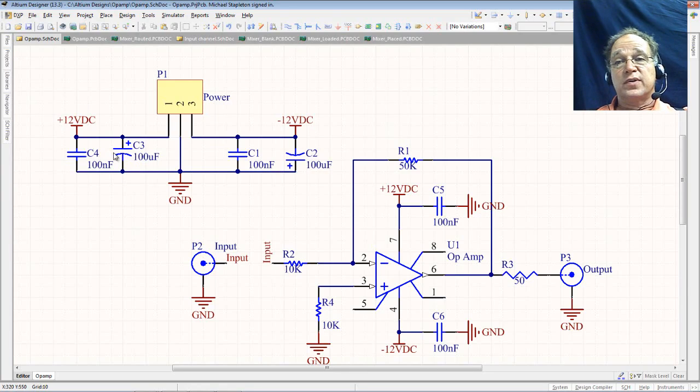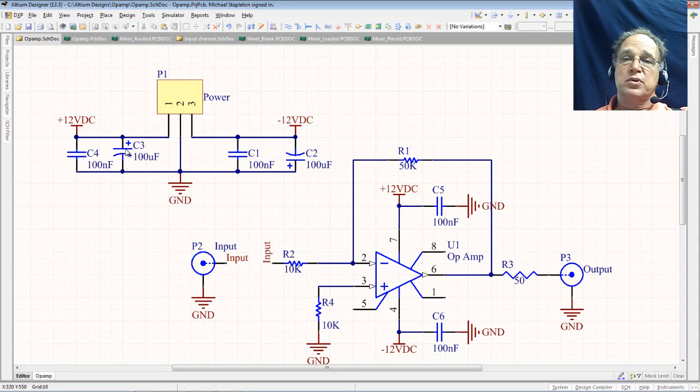The disadvantage of this electrolytic capacitor is it has a higher ESR, and ESR is equivalent series resistance. It's like having a resistor in series right here on this capacitor. So this capacitor can hold a lot of charge, it just can't move it real fast. The advantage is it's inexpensive. These capacitors in bulk, when you make a big project, they might cost you a nickel. This 100 nanofarad is a ceramic capacitor.